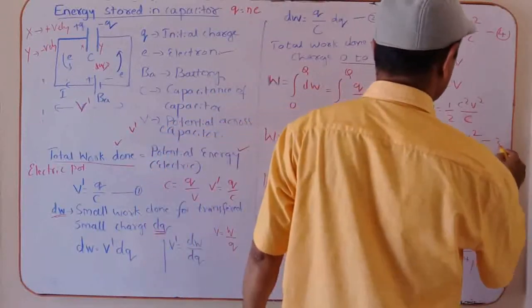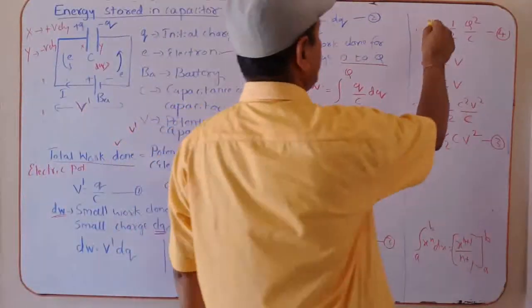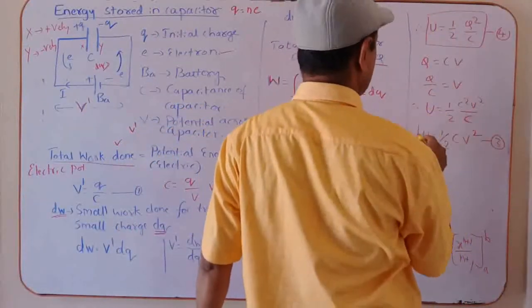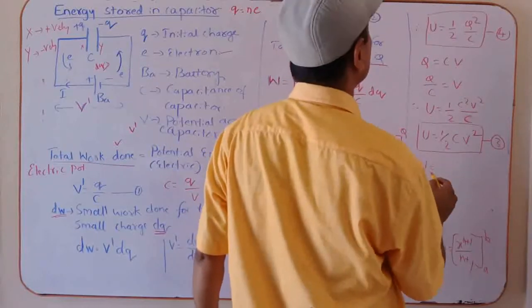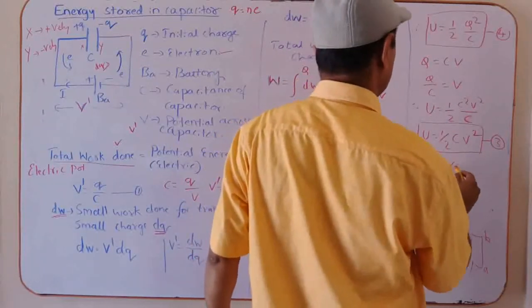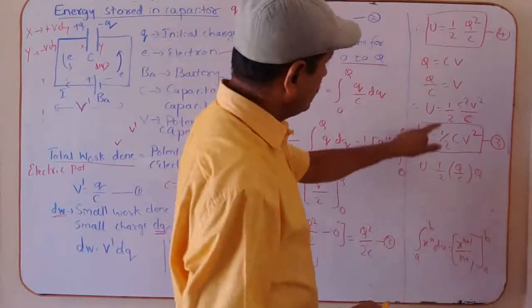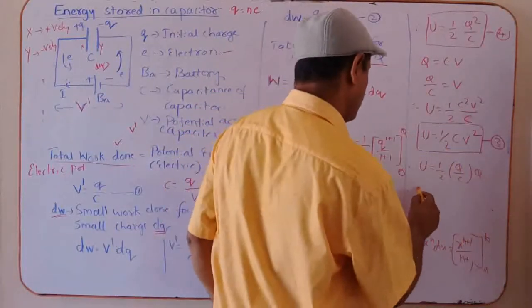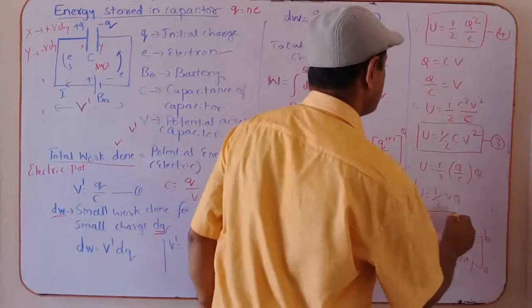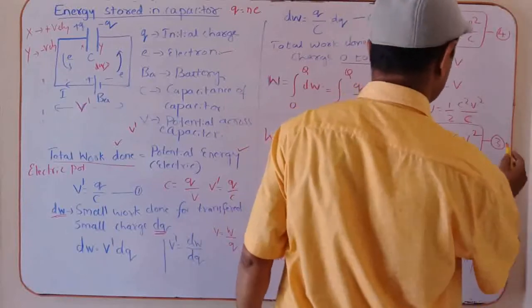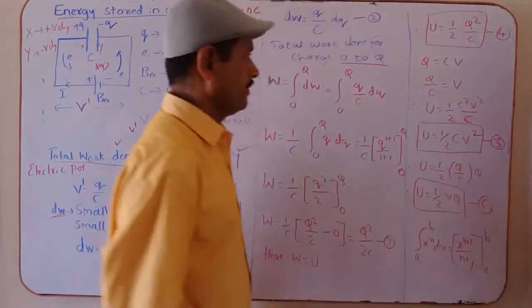This is another expression, expression number 5. And one more expression you got here. U is equal to 1 by 2 Q by C into Q. Now Q by C is V. Therefore U is equal to 1 by 2 V into Q. This is one more expression, equation number 6.